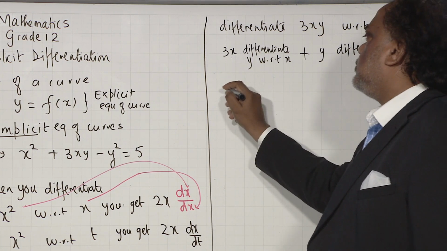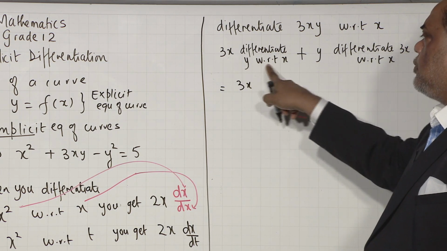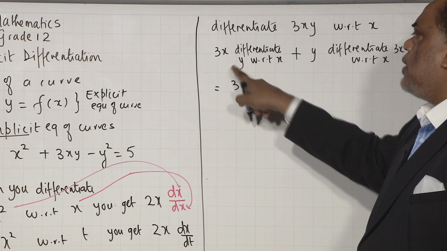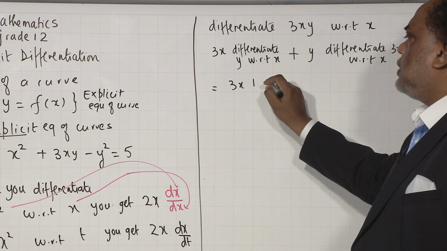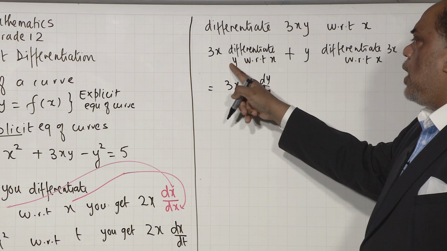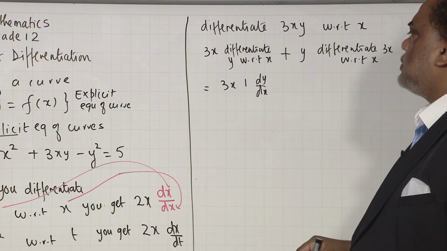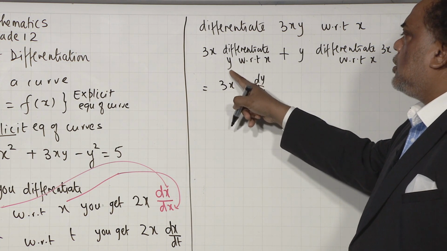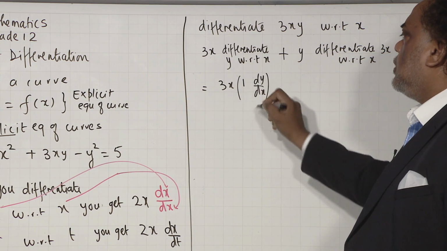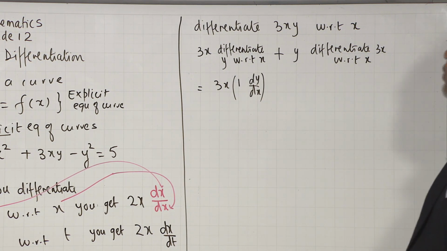So what does this give me? When I differentiate y with respect to x, it's 1 dy by dx. If I had to differentiate 2y with respect to x, I would have obtained 2 dy by dx.